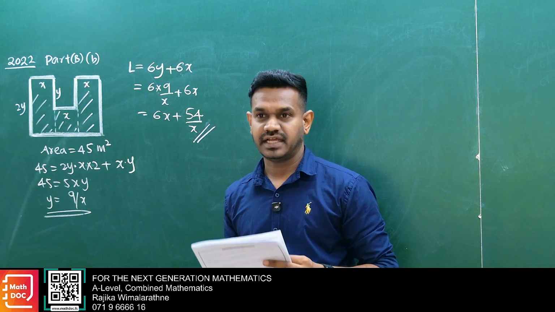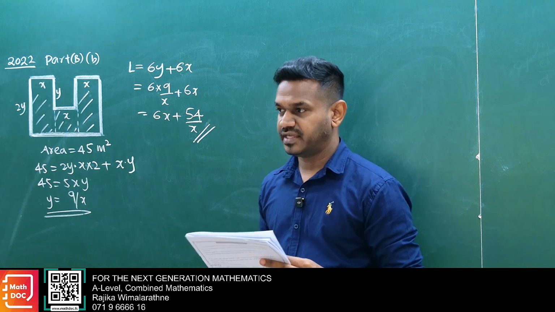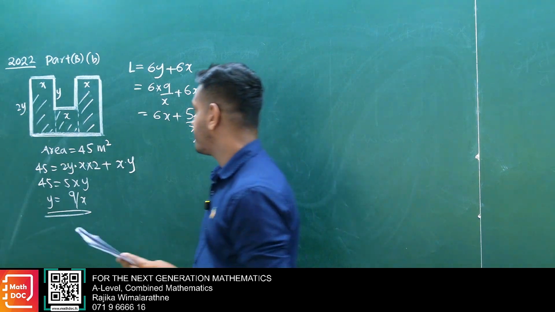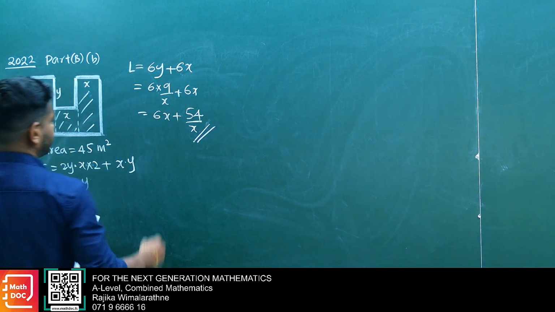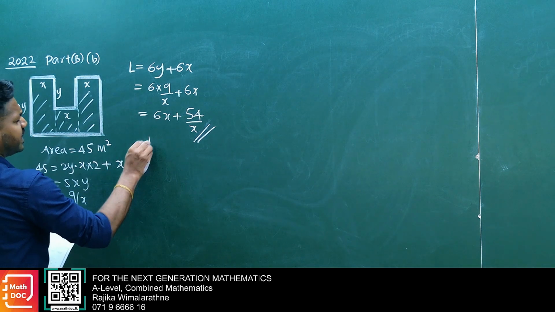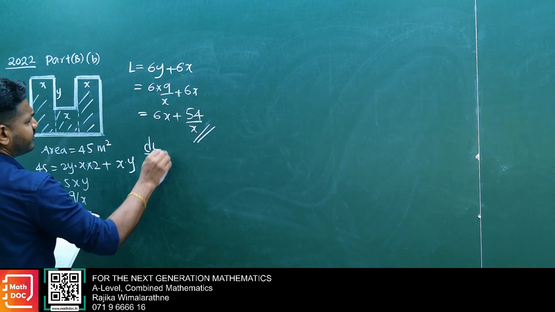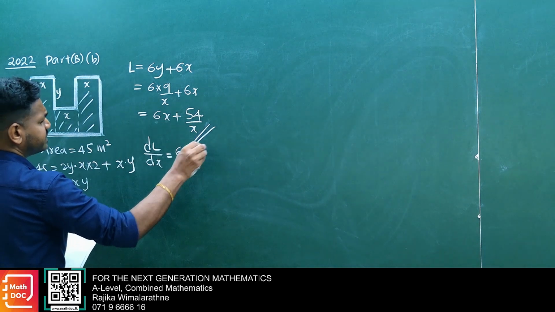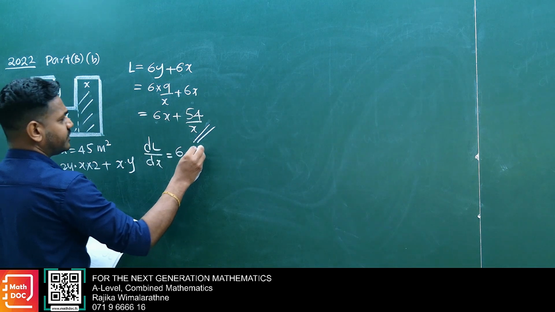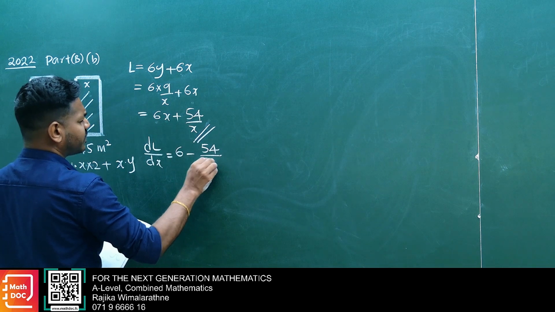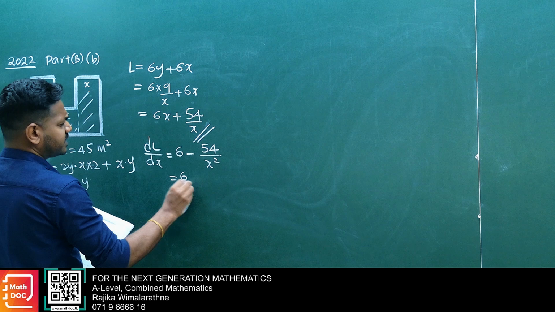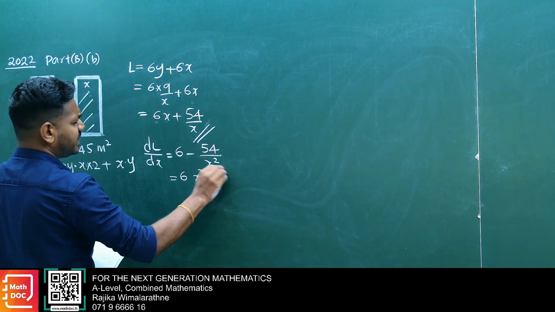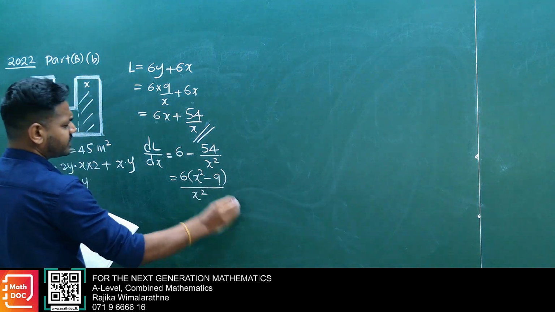Then differentiate the function now. Check dL divided by dx: the derivative of 6x is 6, and of 54 over x is minus 54 over x squared. Then take 6 outside: 6 times x squared minus 9 over x squared.